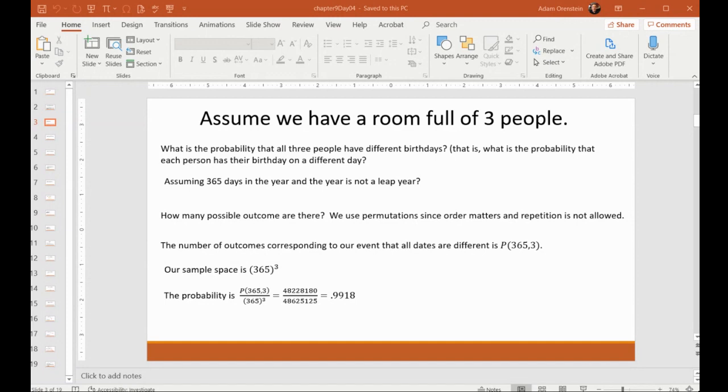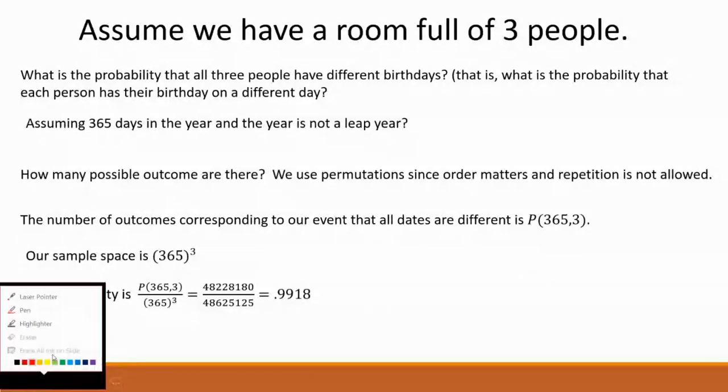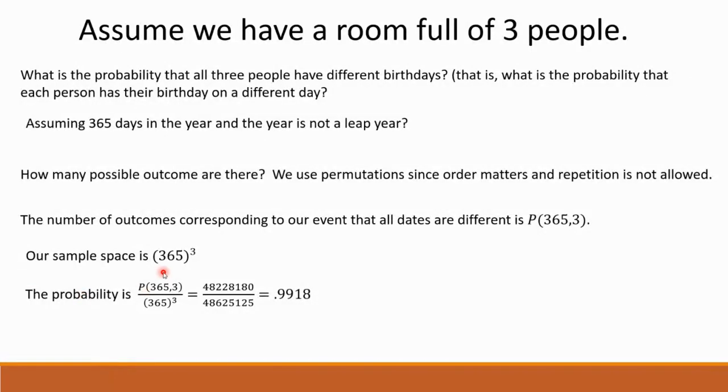All right, so this is for 3 people. This is the probability that all 3 people have different birthdays. Since order and repetition mattered, we had permutations, and that's what the P of 365, 3 was. The experiment was asking each person their birthday.